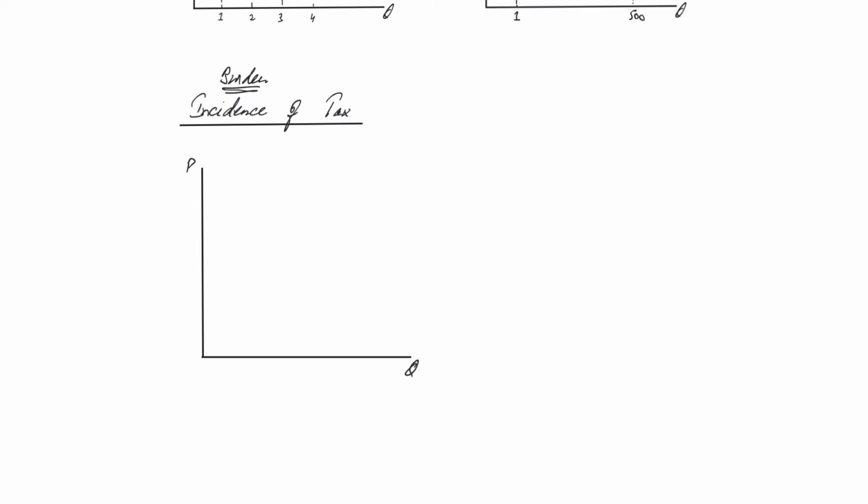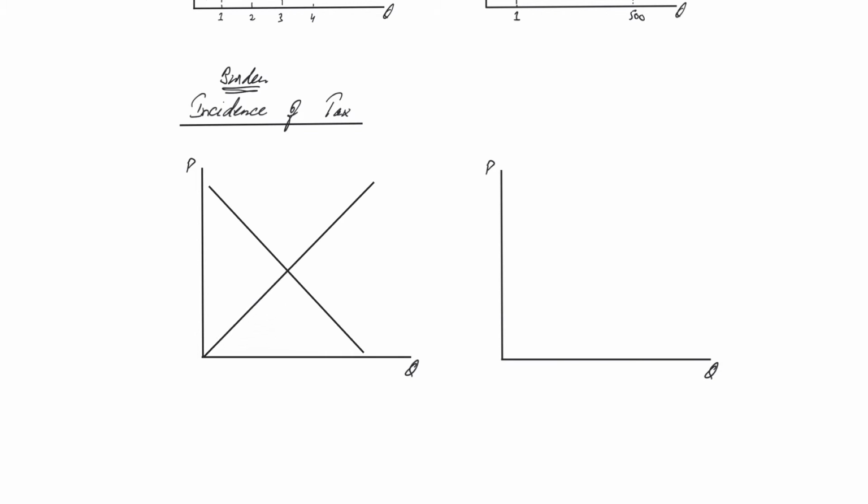So there are lots of diagrams that we're going to be talking about right now. First, I'll start with the simple basic one, a normal demand curve and a normal supply curve with the equilibrium quantity and an equilibrium price.